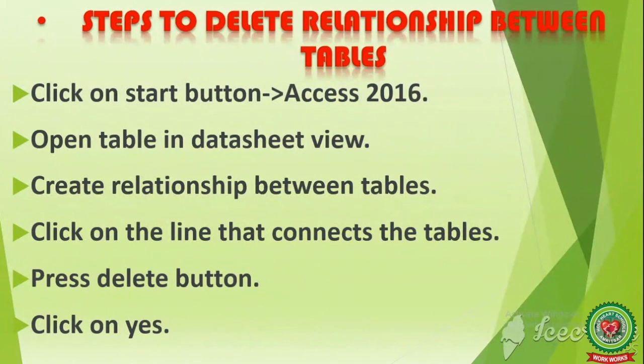Number 1, click on Start button, Access 2016, open table in Datasheet view, create relationship between tables, click on the line that connects the tables, then press Delete button and then click on Yes. With the help of these steps, you can delete the relationship between the tables.